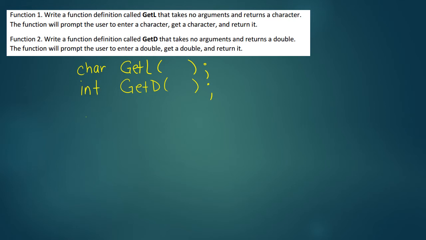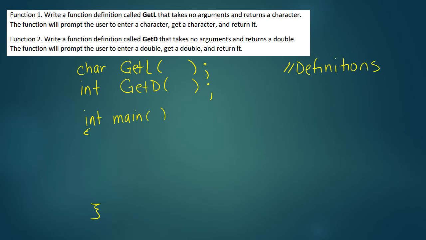Then below we have our main function. And then below that we will put our function definitions. So I'm going to do the function calls here and put the function definitions over here on the side, so I have room to have it all on one screen.